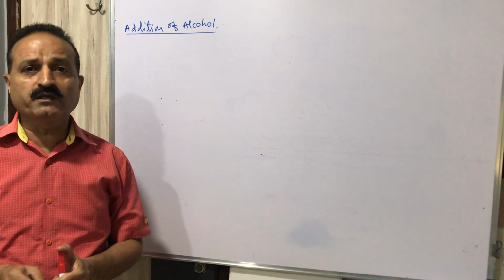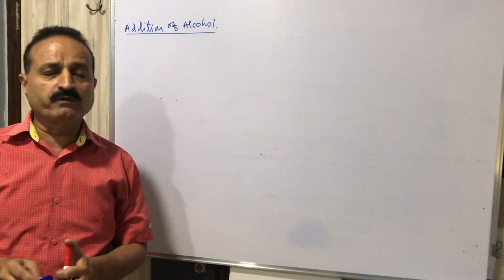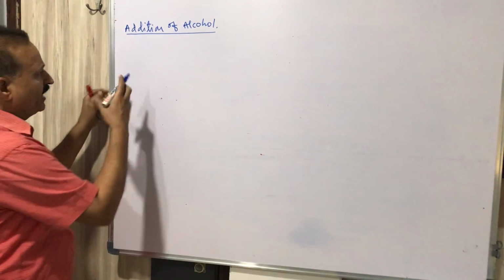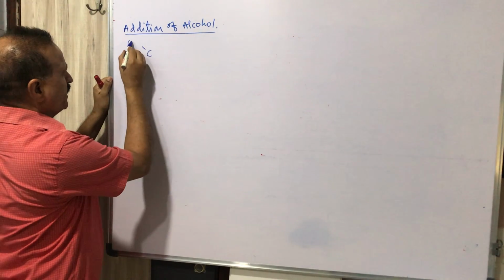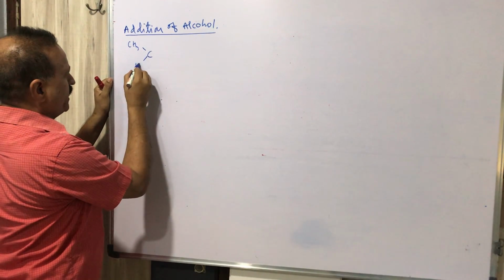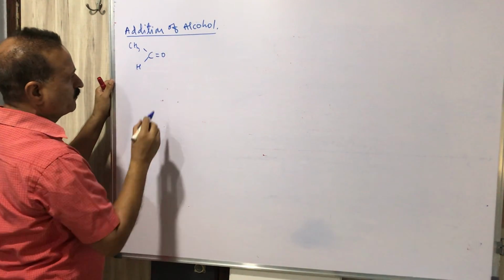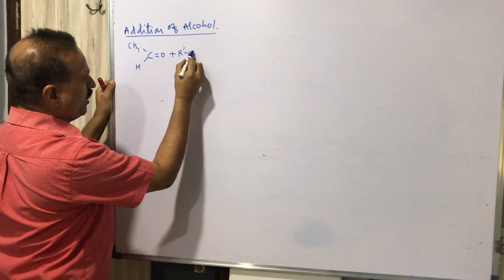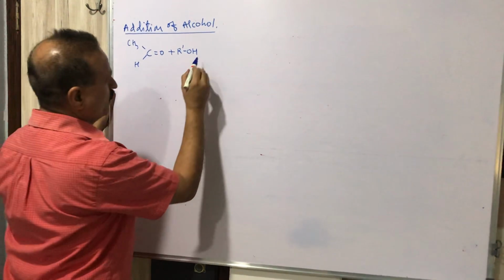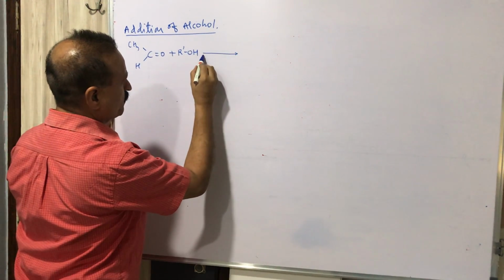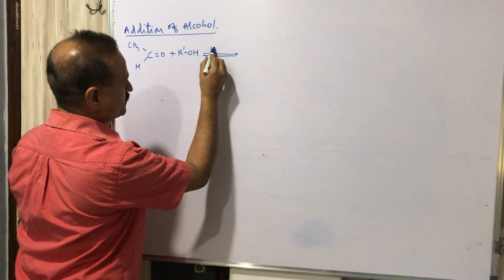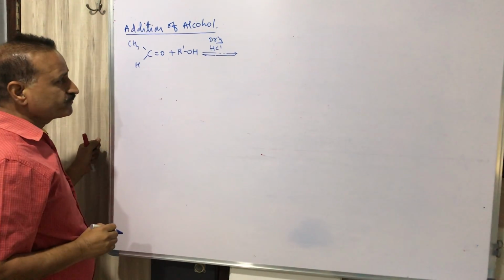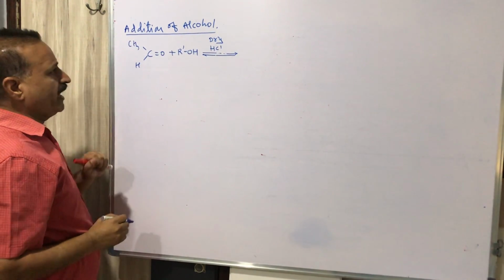When we see the equation, the explanation will be very easy for you. So we have ethanal, CH3CHO, reacting with one equivalent of monohydric alcohol in the presence of mineral acid, that is dry hydrochloric acid. What will happen?